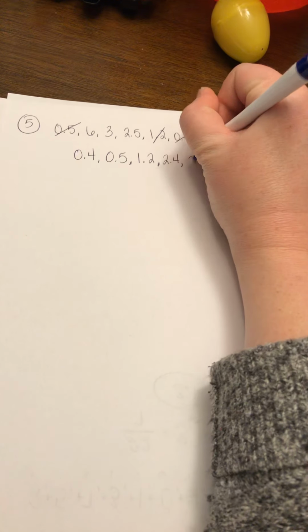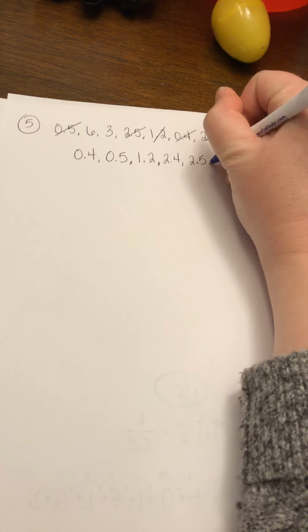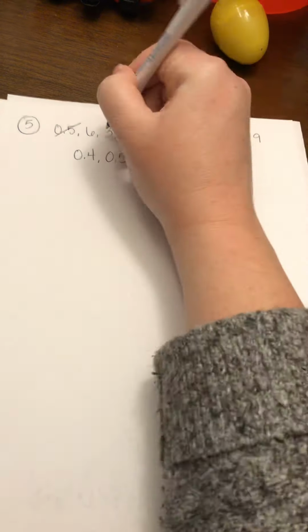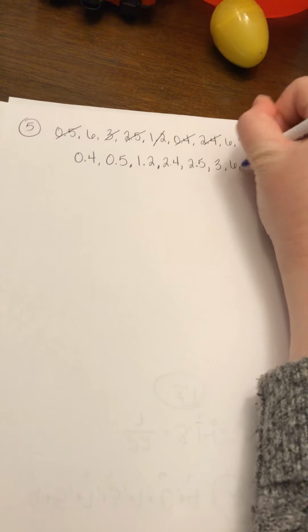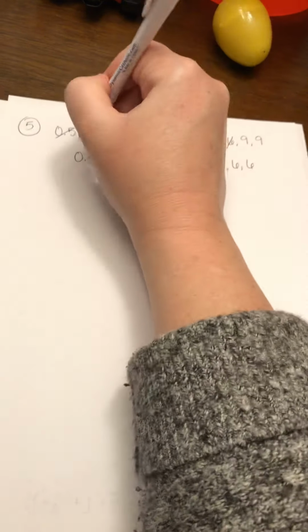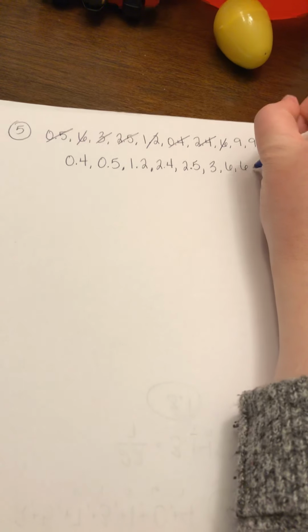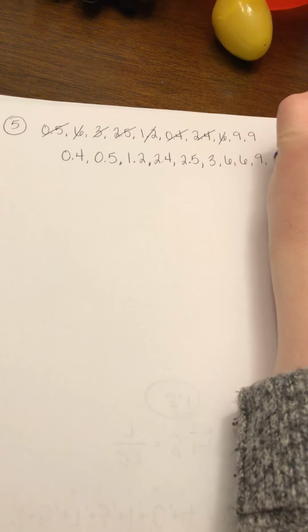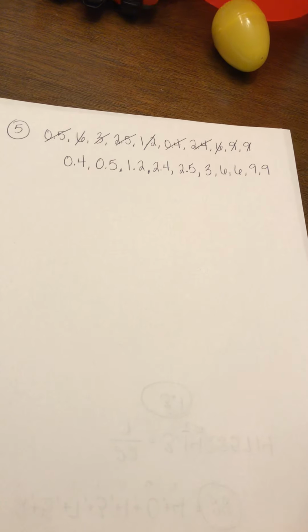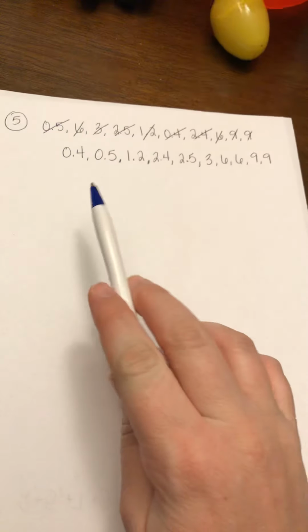And then comma 2.5, comma 3. I have 2 6s, and duplicate numbers are fine. You're going to want to make sure you put both of those down because those do matter, and then duplicates of 9. So that's, to be honest, guys, the hardest step, ordering them from least to greatest. Just make sure you do not miss one.